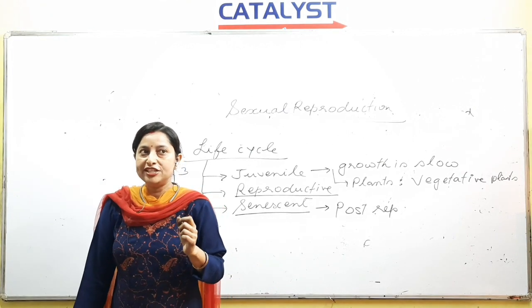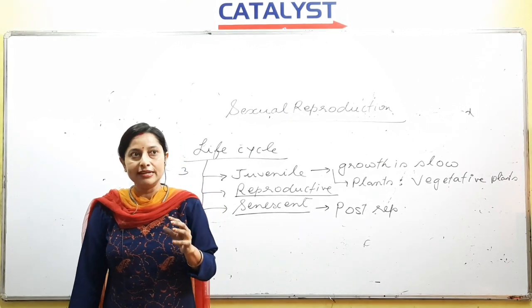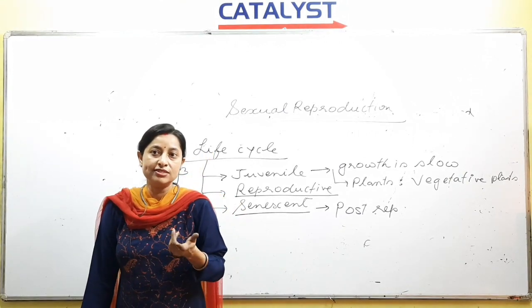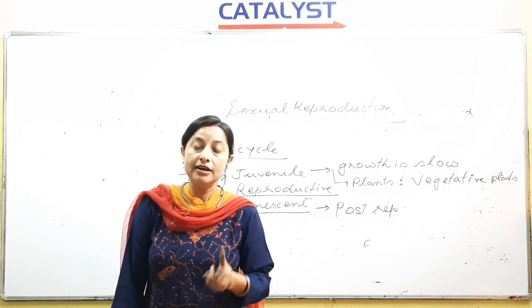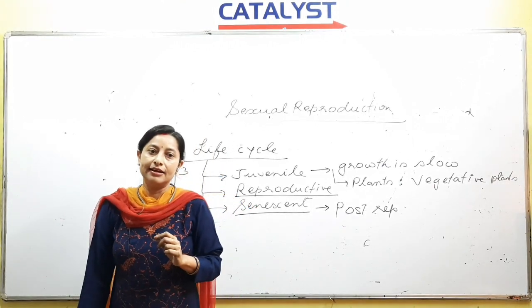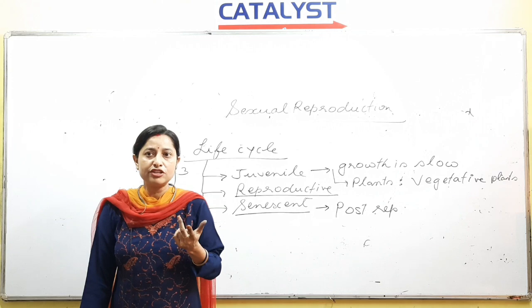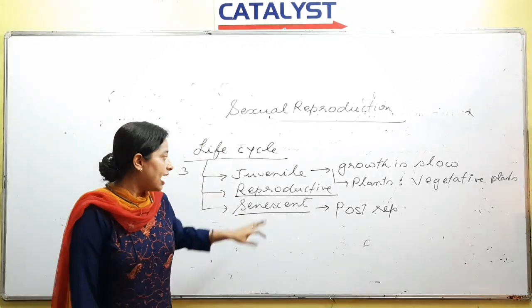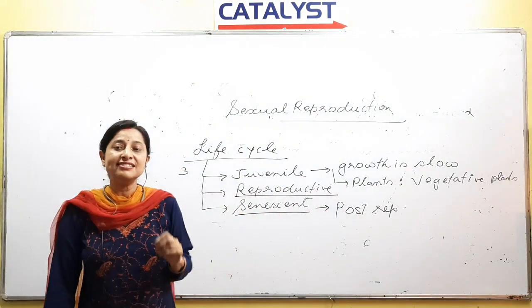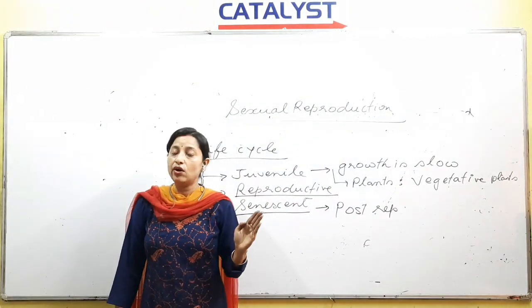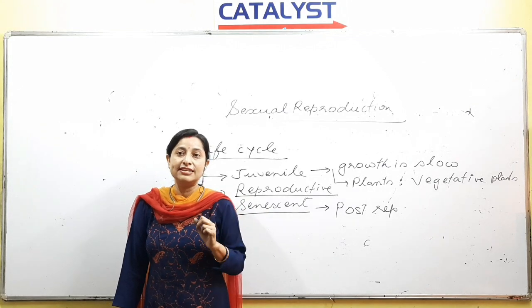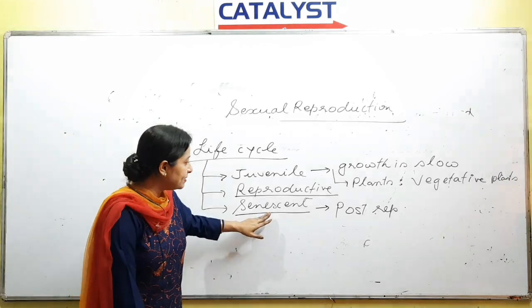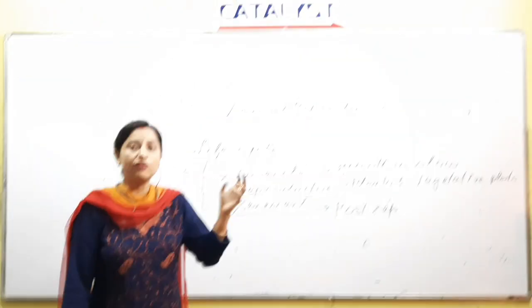What is the work of the flower? Reproduction. Fusion happens, reproduction happens, the zygote forms. The petals and sepals have no other work. So after reproduction, all the stages that lead to the death of that plant or that organ are called senescence. Understood? Ultimately, the last phase ends in the death of the organism.